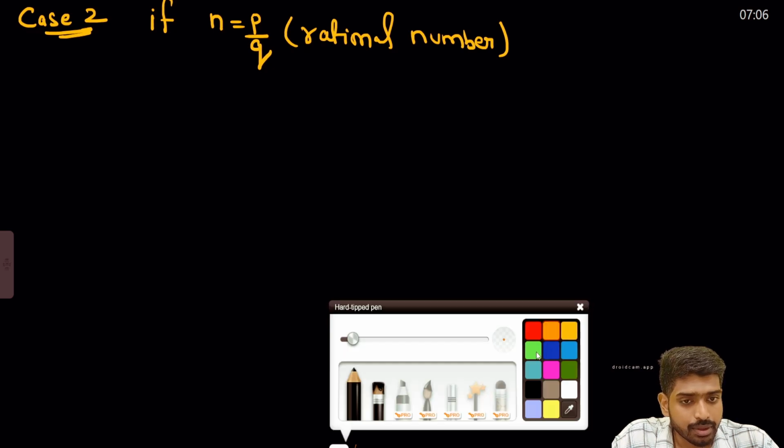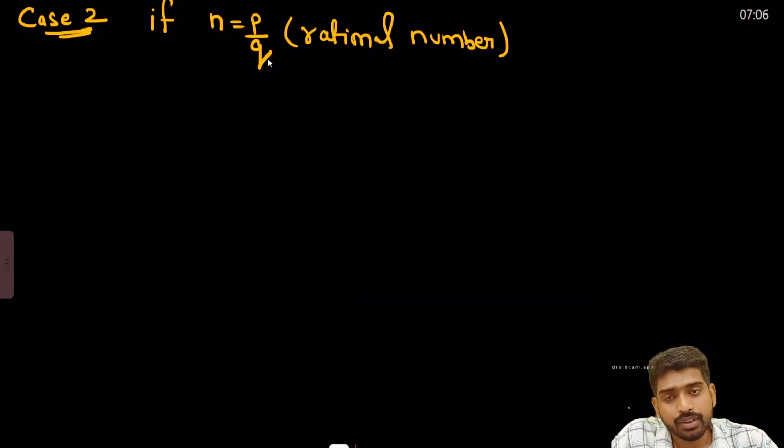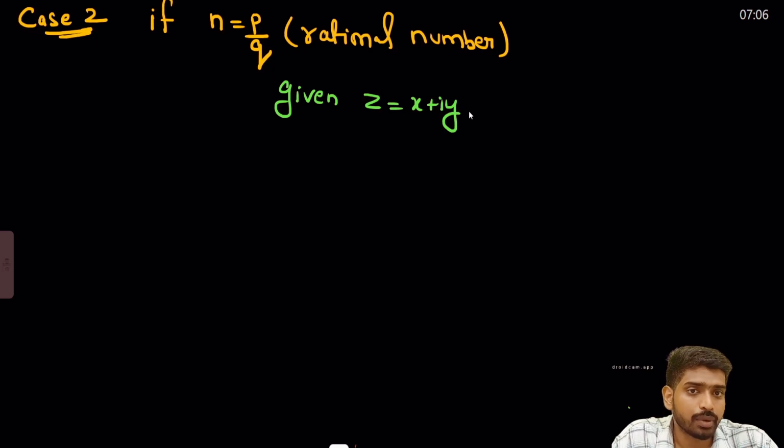So what are the steps we'll follow here? First of all, it is given that z value is x plus iota y. Now this asks for z power p by q. So step 1 is we'll convert this complex number into Euler's form or polar form. So this z I'll convert as r e to the power iota theta.